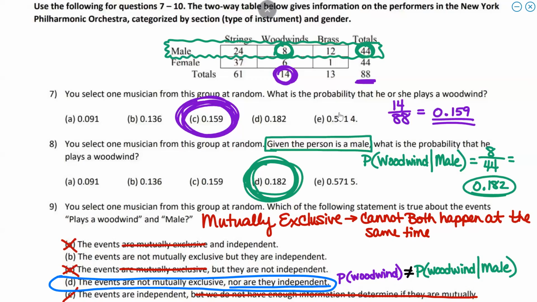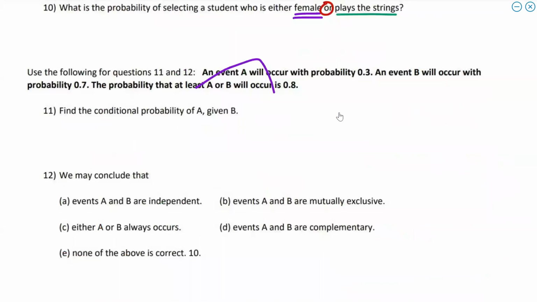Let's just look at female. What's the probability that anybody in this orchestra is female? Probability that somebody is female. 44 out of 88. Half of the orchestra is female. So 44 out of 88.